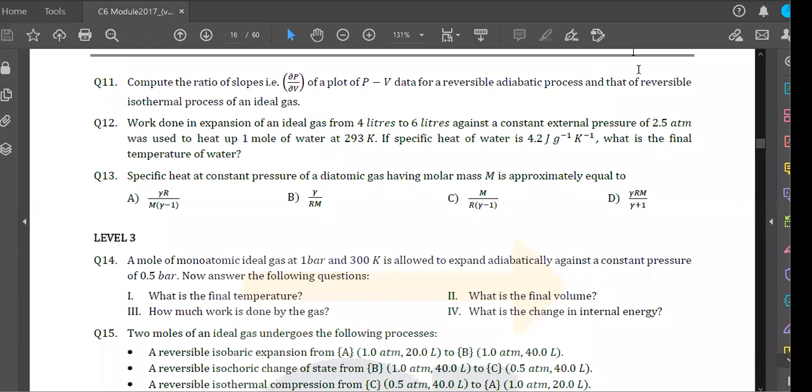So let's see question number 12 first. We have already solved question number 11, I guess. It was in the in-class exercise. Question number 12, just go through the problem, everyone.